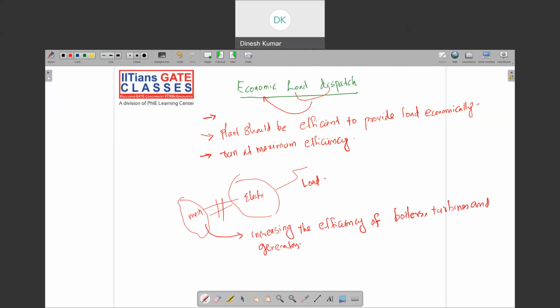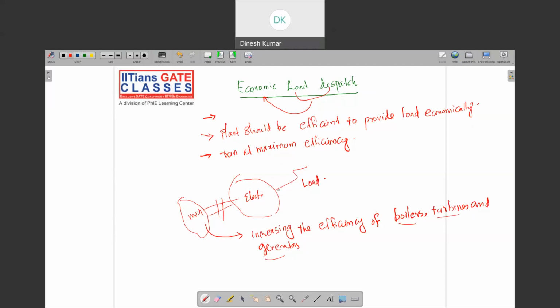There are many methods by which we can increase the efficiency of boilers, turbines, and generators. Now the thing is how we give the load in an economic way. Because on the mechanical side and the generating side, we can have different methods by which we can increase the efficiency.